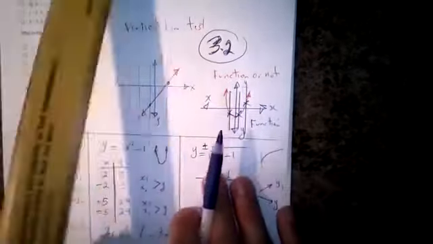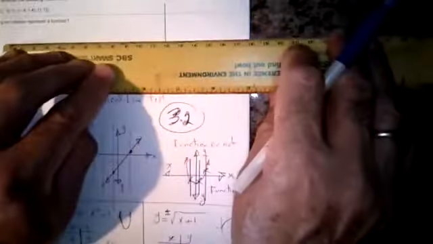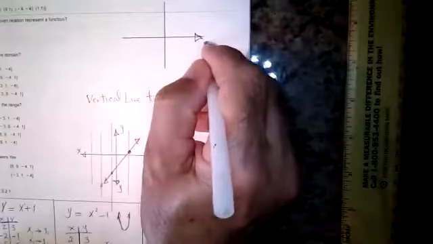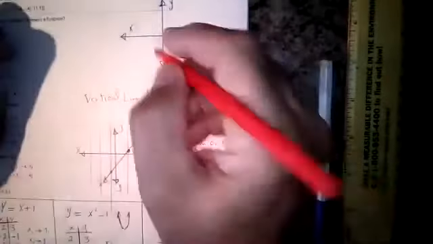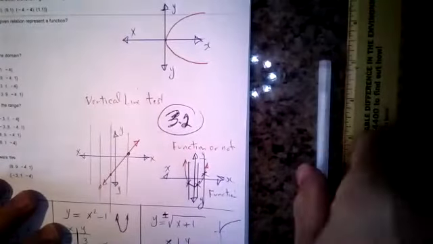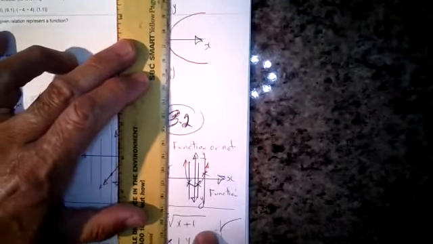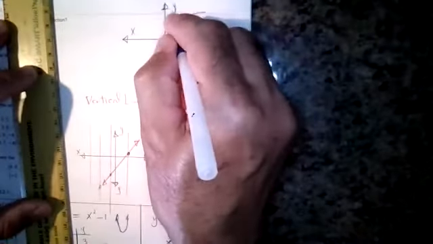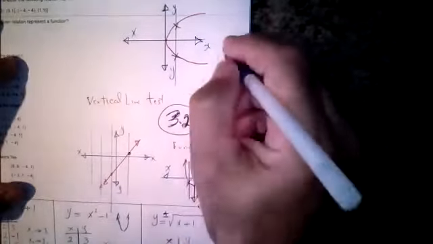However, in a case like this, let's say you have this kind of graph. Now, when I want to test with a vertical line, when I bring a line from left to right, that line intersects the graph at 2 points. See, not a function.